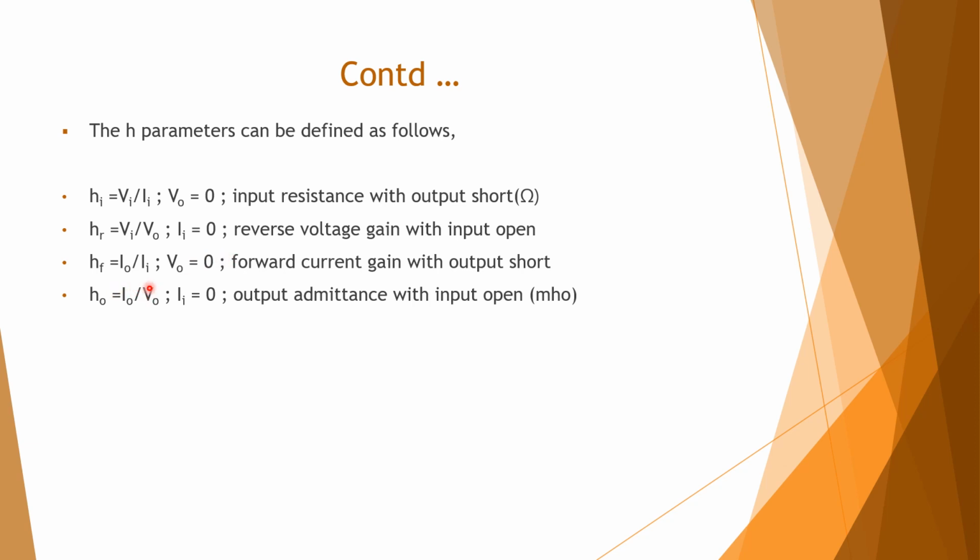HF is IO by II when VO equals 0, that is the forward current gain with output short, and HO equals IO by VO when II equals 0, that is the output admittance with input open. That is in ohm inverse, that is mho, or Siemens.